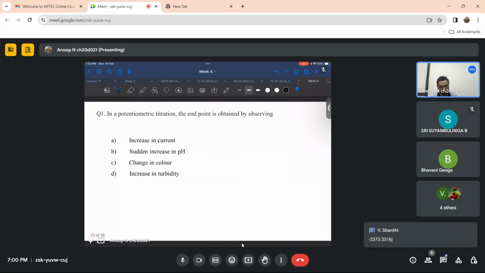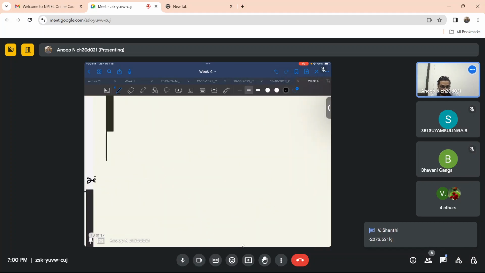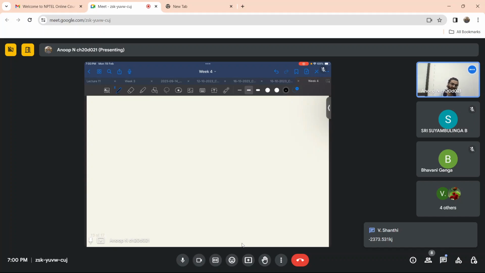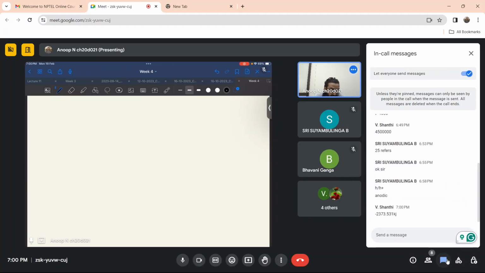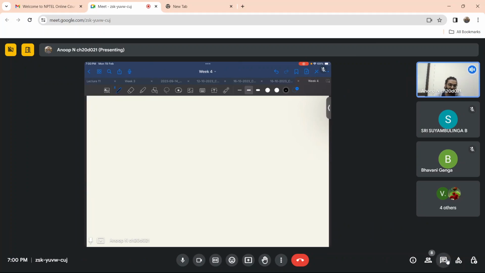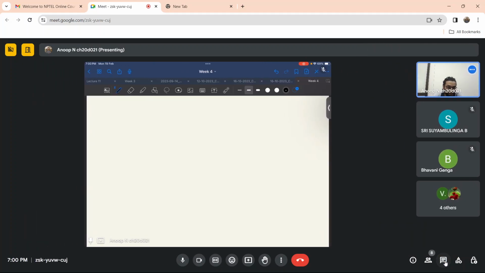What will be the answer? Come again. What is the answer, Shanti? Values are correct, but decimal points have some problem. So how many electrons are involved here? N is equal to what? E is given, F we already know.